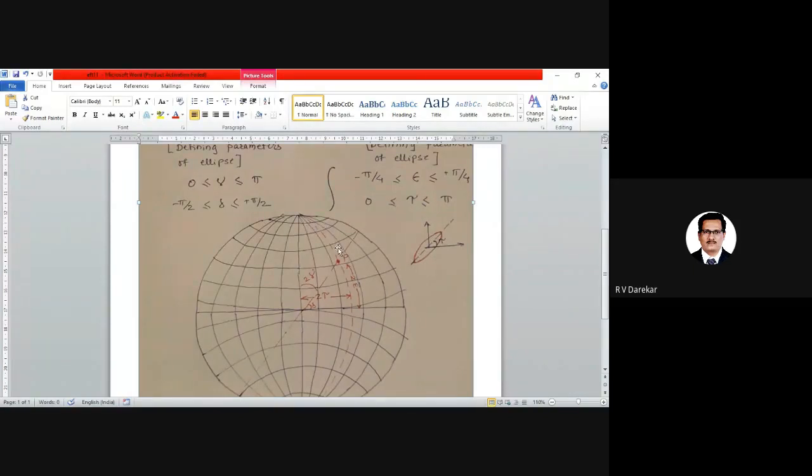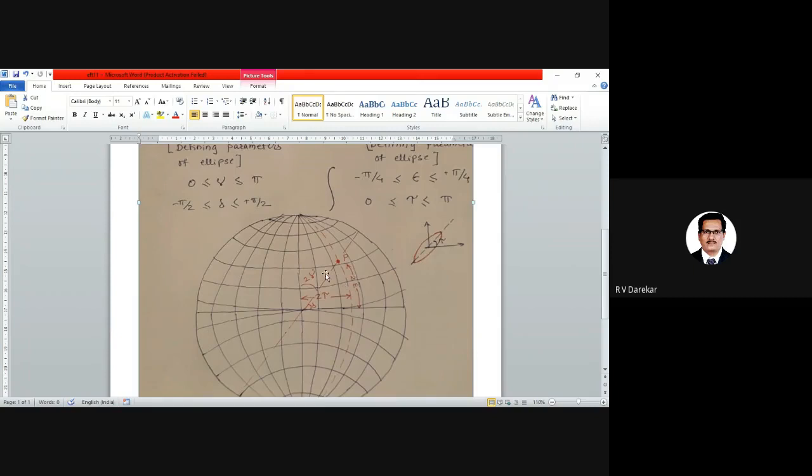The location of point P will have an angular separation of 2 tau from the vertical line, and it is inclined by an angle of 2 epsilon considering the horizontal line.